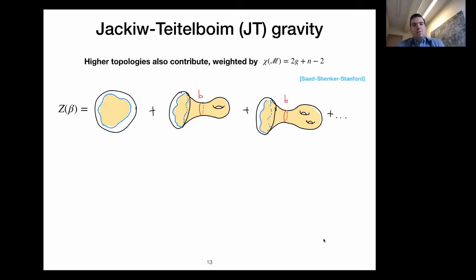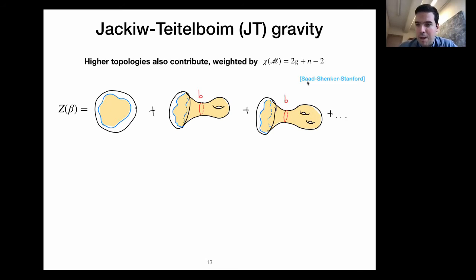Okay. So this is how a fixed topology sector works. We could simply solve the whole theory and do the whole path integral for a fixed topology sector. And the nice thing is that you can go ahead and also sum over topologies. These different topologies are weighted by the Euler character. So as you increase the genus, they get more and more suppressed. And this is roughly how they look.